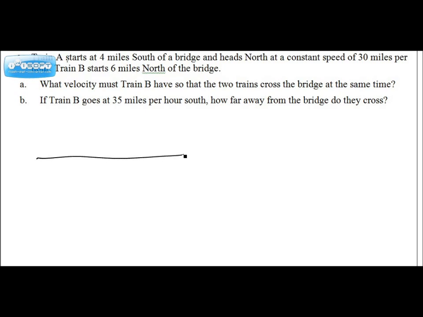So if I have a bridge, a rather plain looking bridge, and I have my train A south of it, heading north at 30 miles per hour. Before I get any confusion, how long is it going to take to get to the bridge? 30 miles per hour, and it is 4 miles.